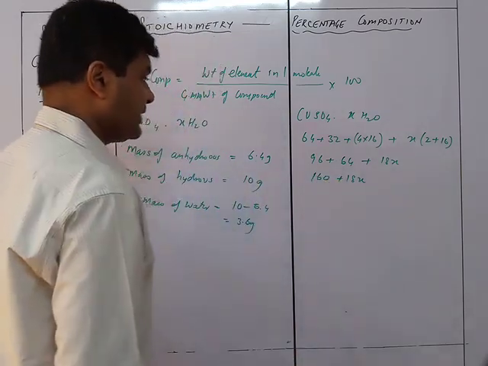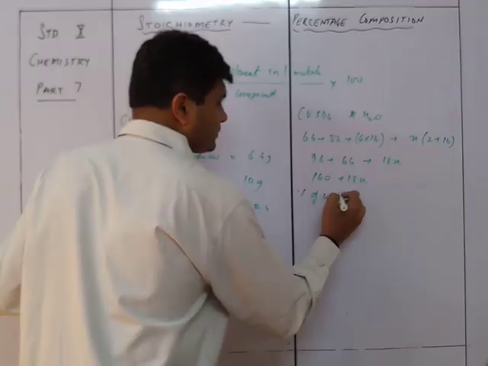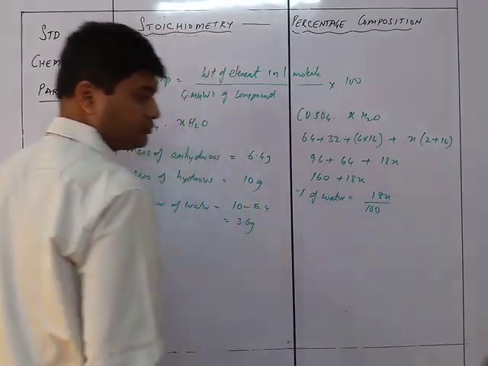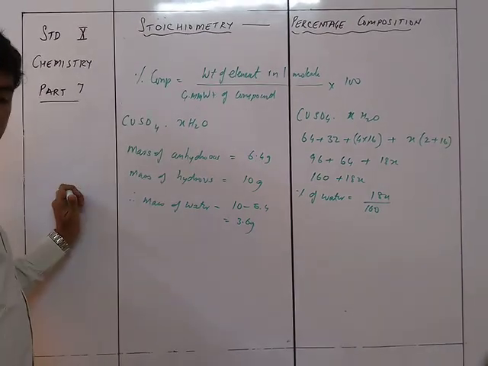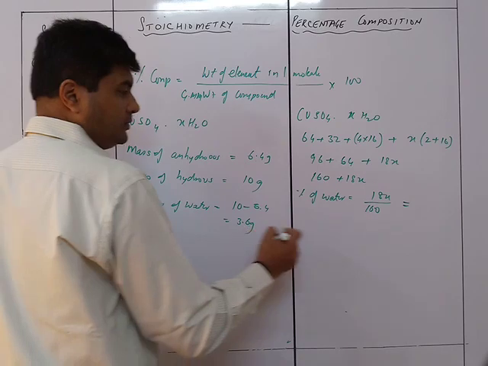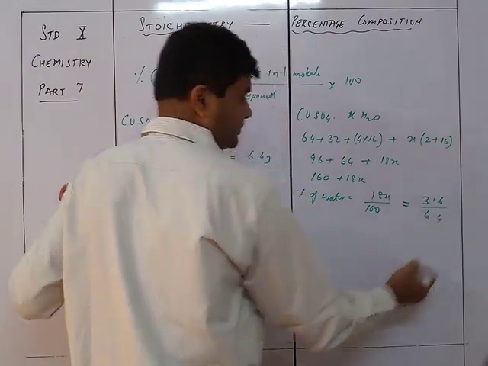Now it's okay. So the percentage of water is 18x upon 160, and that is also equal to 3.6 upon 6.4.